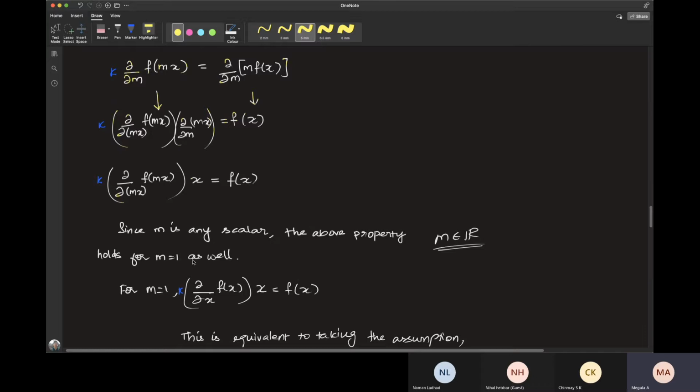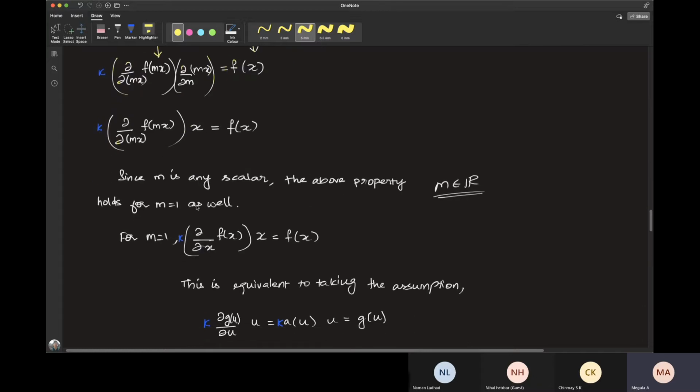So we can take m equals 1, and in that case we have this expression: dou by dou x of f of x into x equals f of x. In this part we have just taken m as 1. This holds for any m, and we have just written this expression for the specific m equals 1.